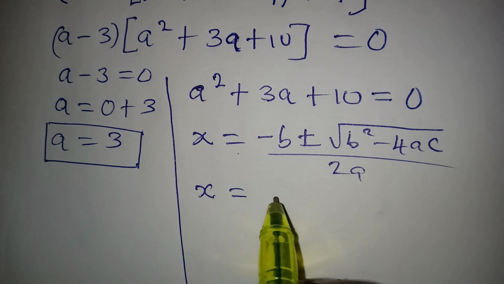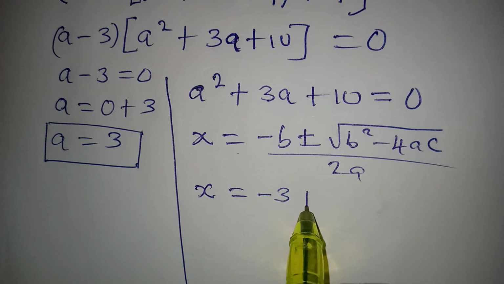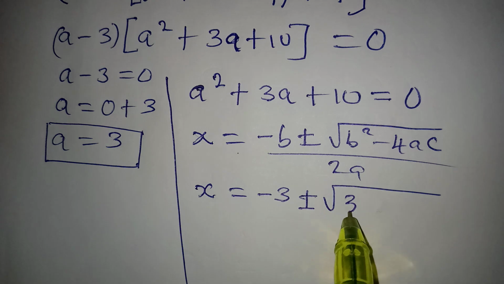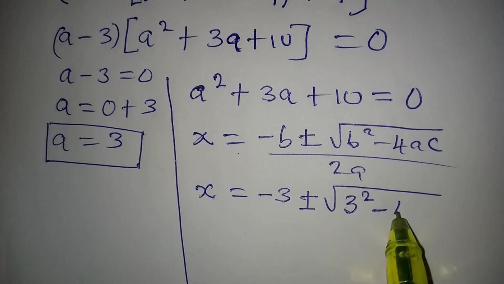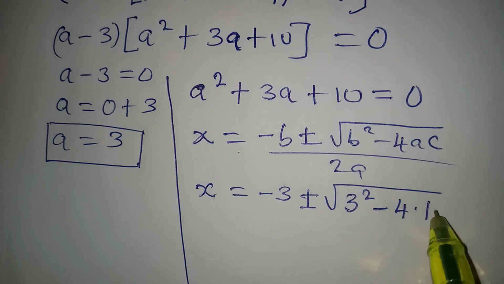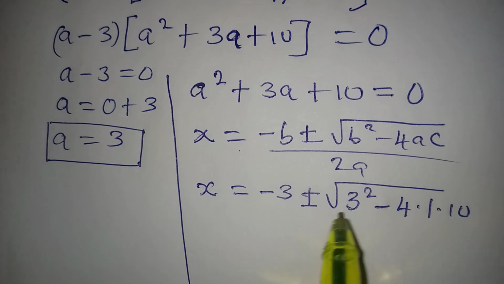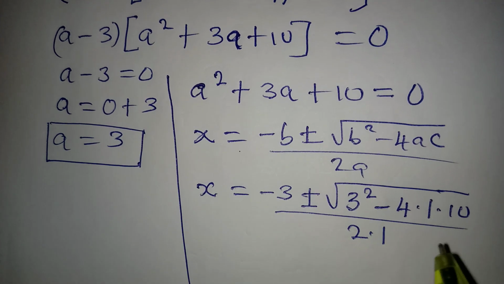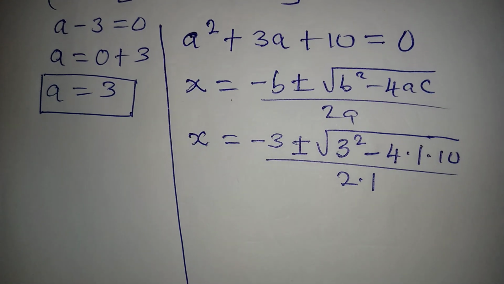So our x will be minus 3 plus or minus square root of b squared, which will be 3 squared, minus 4 times a is 1 times c, which is 10. And all of this will be over 2 times 1 because a is 1.